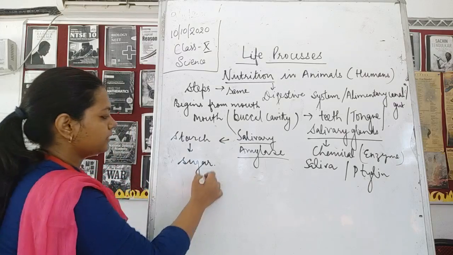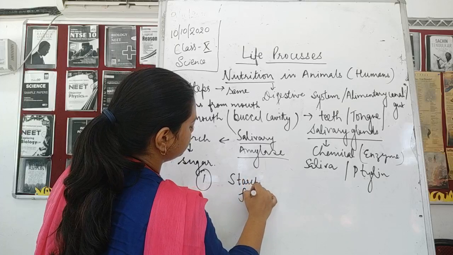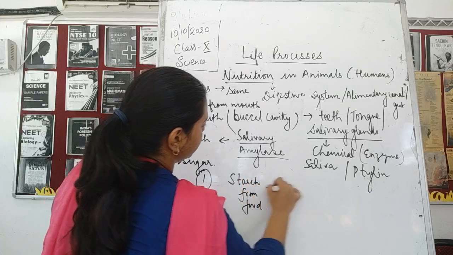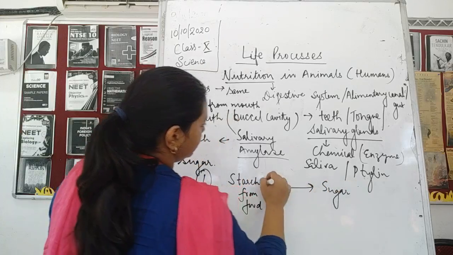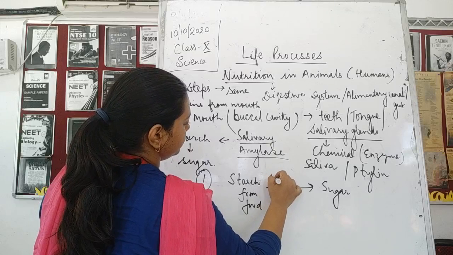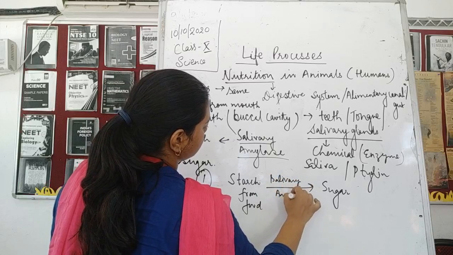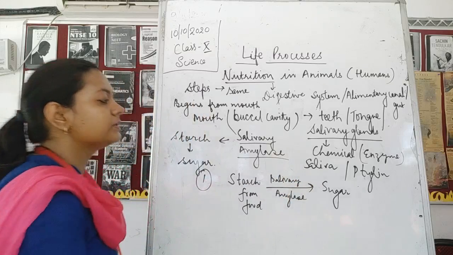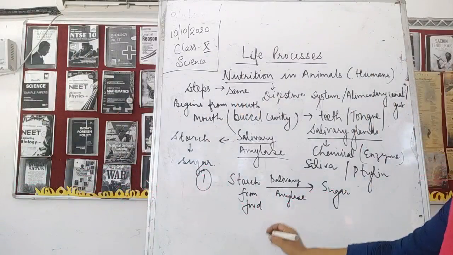So what is the first reaction? Starch from food gets converted into sugar in the presence of salivary amylase. This is what is known as the first reaction, and it takes place in the mouth.